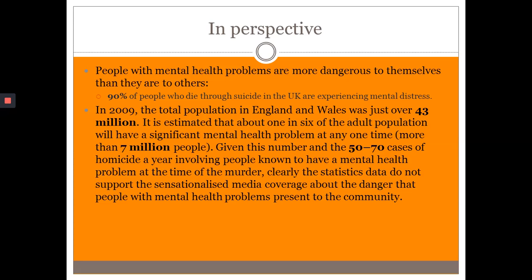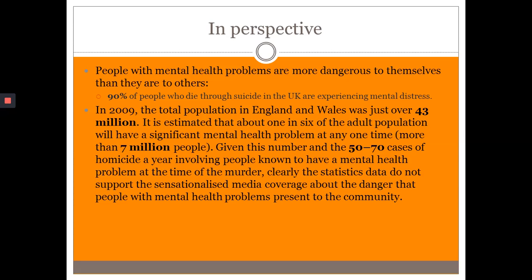90%, you'll note there, of the people who commit suicide in the UK are perceived as experiencing mental distress. At one level, you might well say anyone who is committing suicide is presumably distressed, but this is a diagnosed form of distress, rather than, let's say, someone who is terminally ill, who makes a rational and informed choice to end their own life rather than stagger on in severe pain.